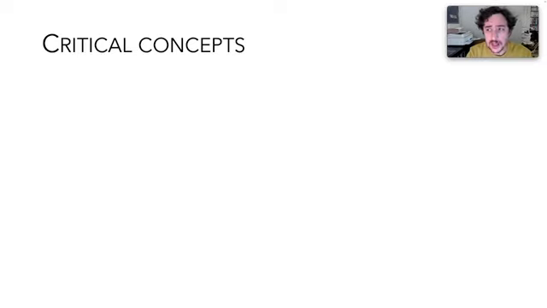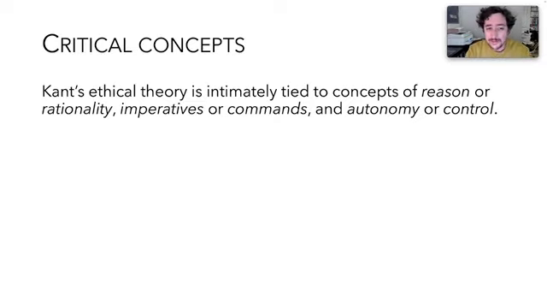Some of the critical concepts for understanding Kantian ethics is that for Kant, morality and ethical theory is intimately tied to this idea of reason and rationality. We are rational animals, and it's this rational nature that is responsible for the moral law that applies to us.